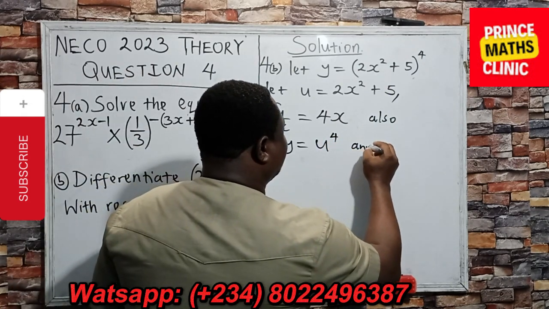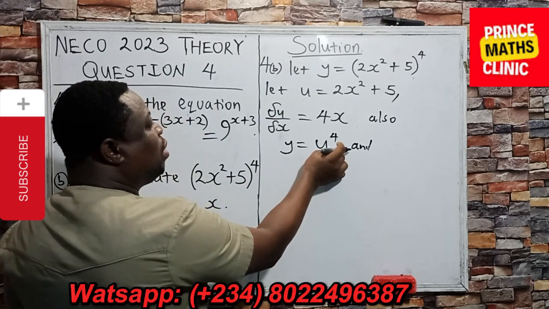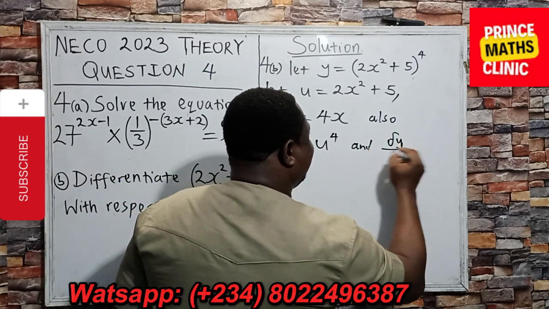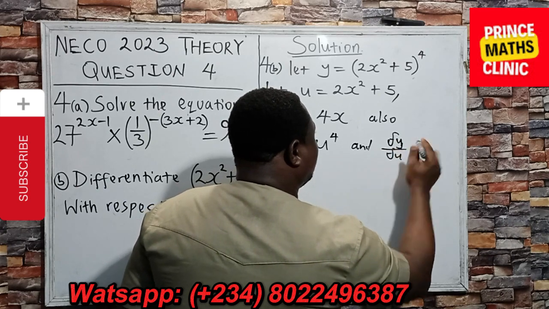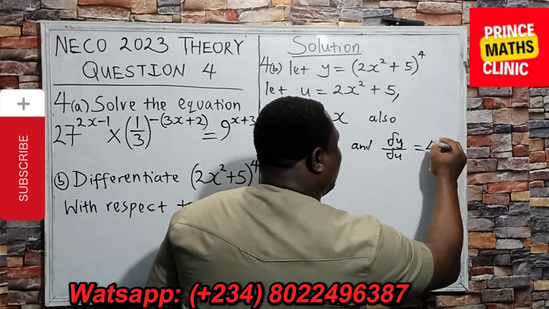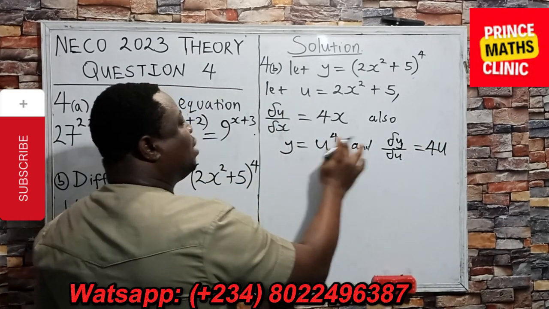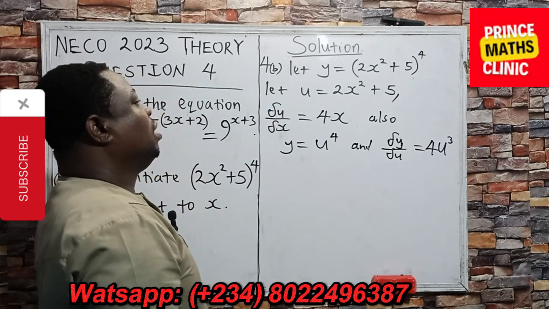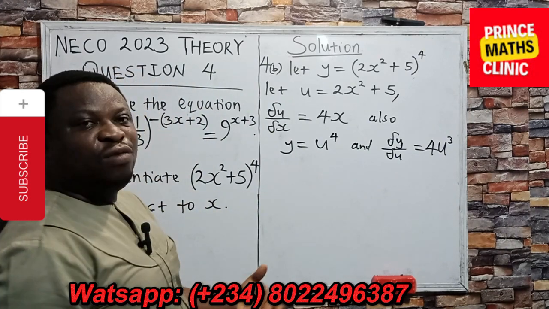And if I differentiate y with respect to u, dy/du will give me 4 times what I have here, which is 4u. Then 4 minus 1 gives us what? 3. Good. Now is the moment of truth.